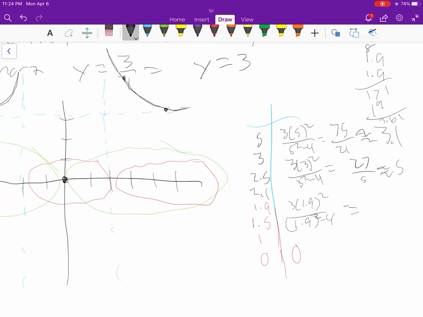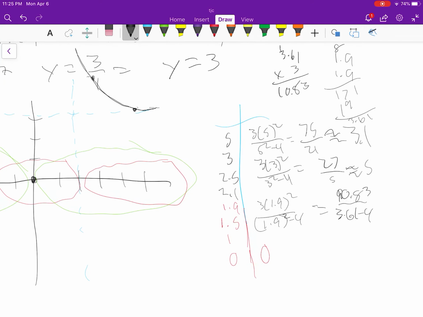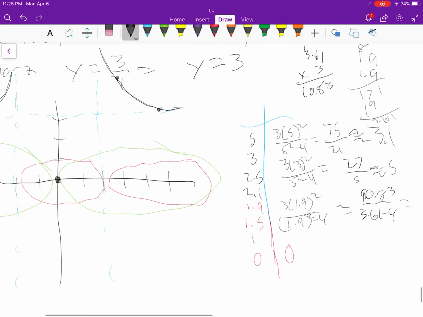So 3.61, 3 times 3.61 is 10.83. So it's 10.83 divided by 3.61 minus 4. So it's definitely less than 0, and it's going to be large. It's going to be down here somewhere.